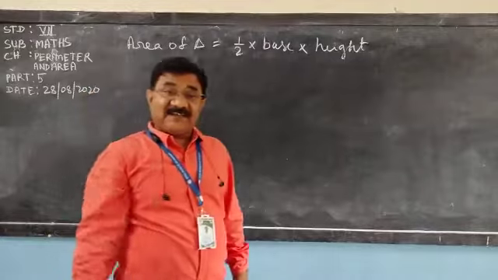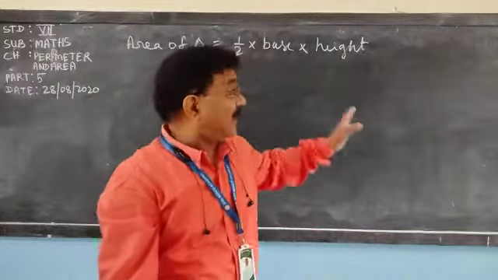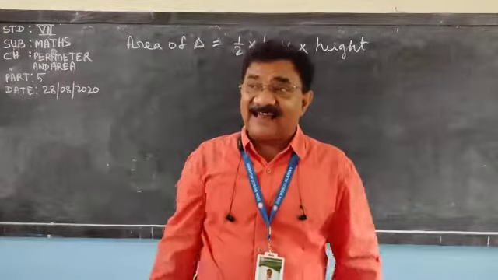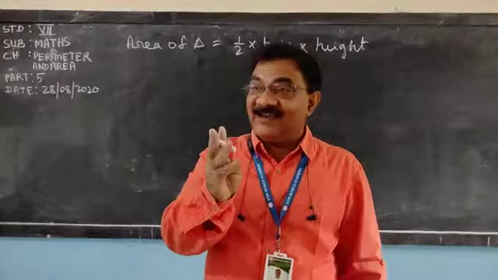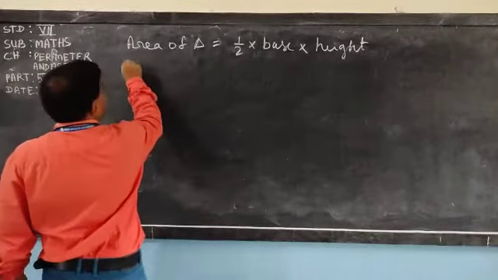We have also discussed that if three sides are given, then we can't use this formula. If three sides are given, then we will use Heron's formula. And what is that?